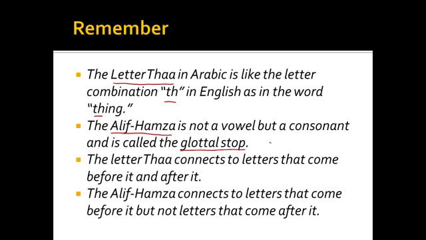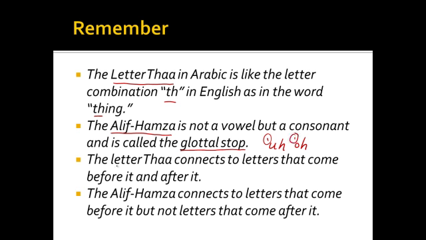I know that's a complicated word, but basically it's the same type of sound that comes at the beginning of the phrase, like if you said uh-oh. That oh would be what we call the glottal stop.